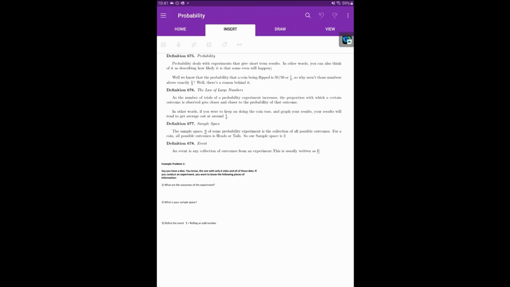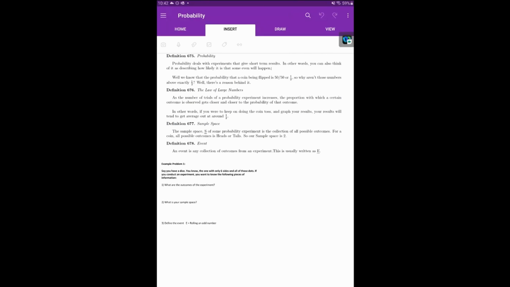An event in our coin toss would be heads, so that would be 1. Our event could be tails. So it's whatever you denote your event to be, and the number that you get for that event is what would go in place of that.